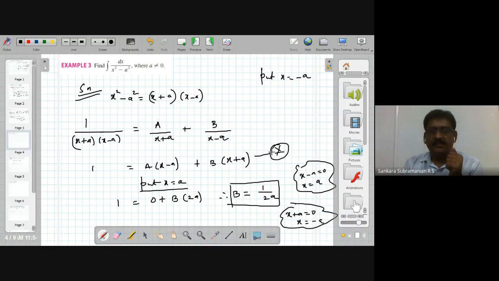On the left hand side there is no x term, therefore it's independent of x. We have a constant 1. If you put x equal to minus a, you get a into minus a, which is minus 2a, and the other term becomes 0. So A can be easily found to be minus 1 by 2a.